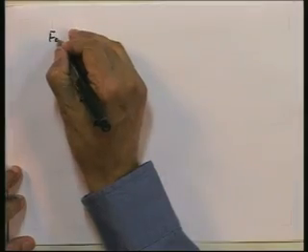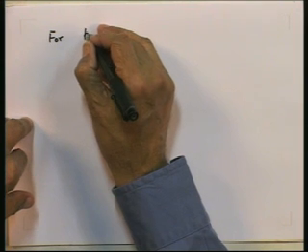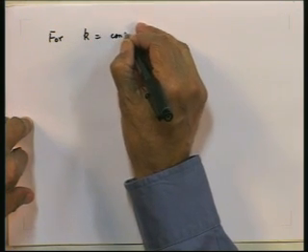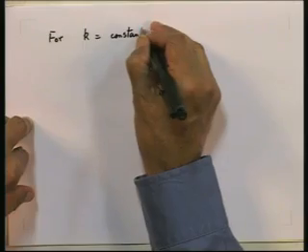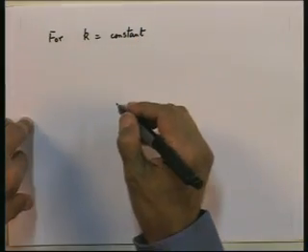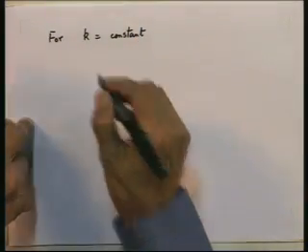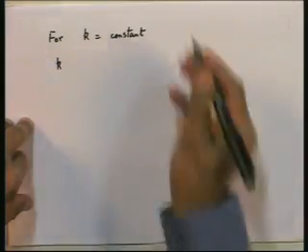Now, once again we can see from this differential equation that if I have a constant k, then I will get a simplified form of this equation. If the material is isotropic and k is constant, I will simply take k outside the differential.